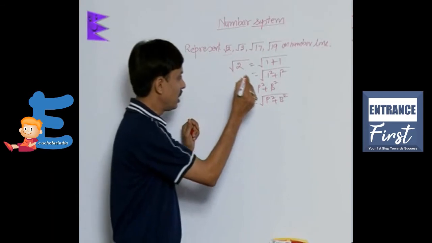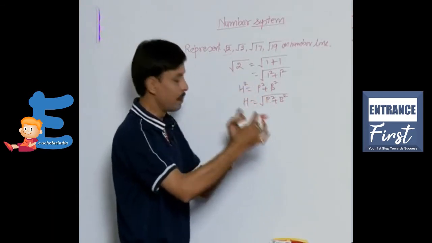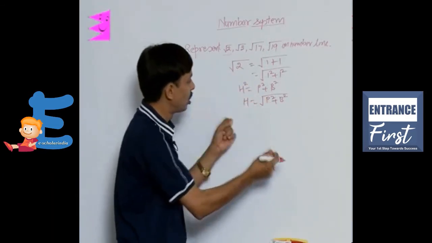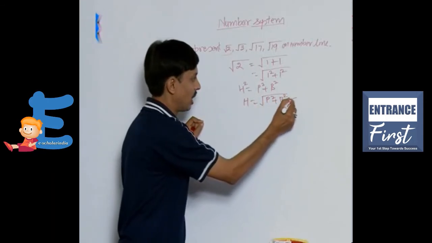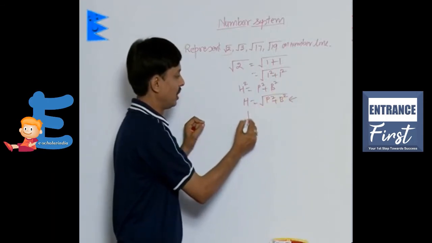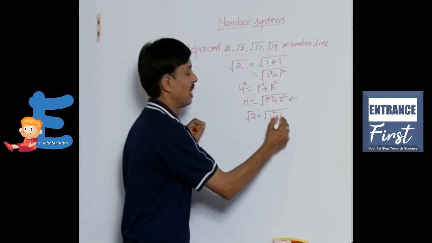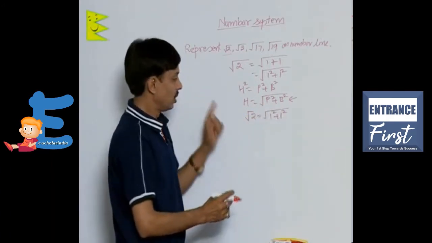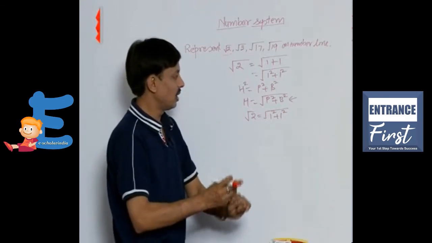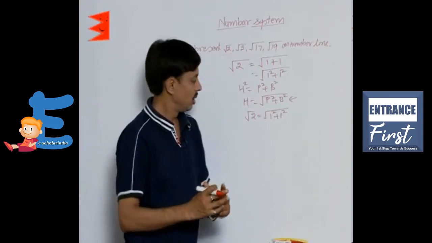So if I compare this formula of Pythagoras with root 2, I say root 2 is equal to root of 1 square plus 1 square. What conclusion am I going to draw?